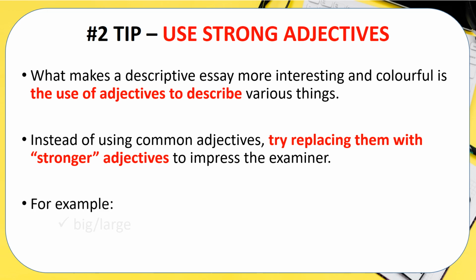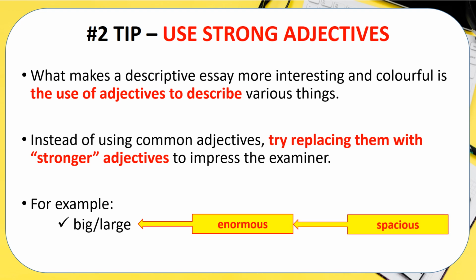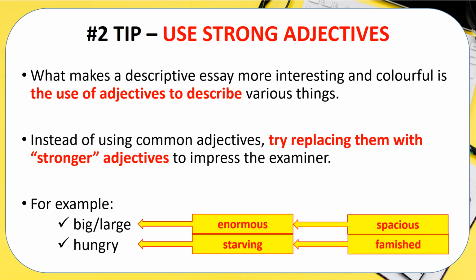For example, instead of using big or large, you can replace it with enormous. If something is big, besar, or if it is something luas, then you can use spacious instead. And then instead of hungry, very common, you can use starving, kebuluran, or famished, extremely hungry, right?